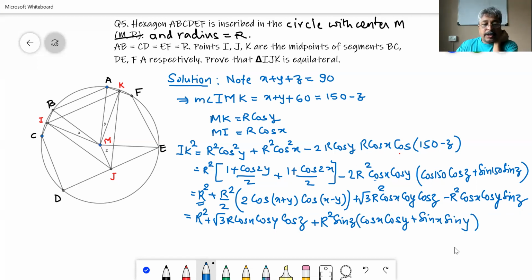Right? And then there is one more term, which is minus R square cos x cos y sin z.